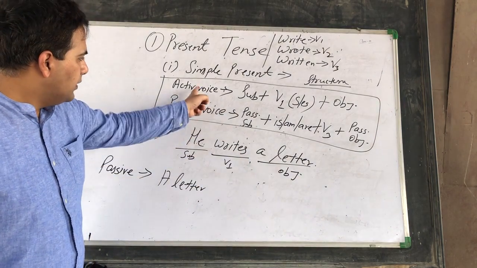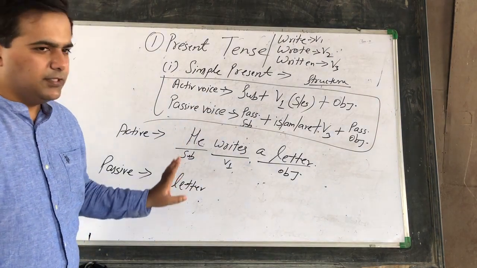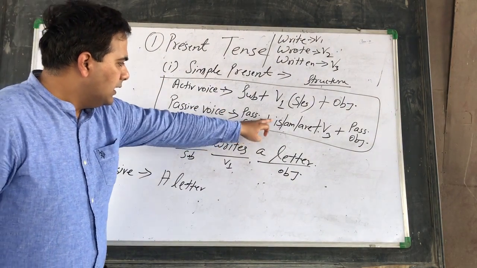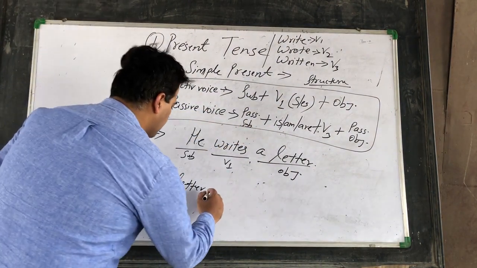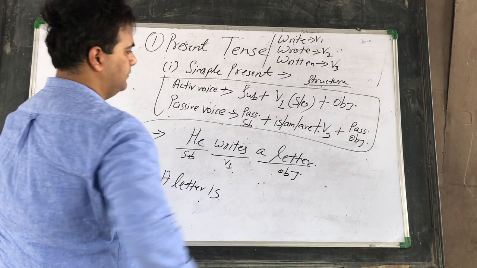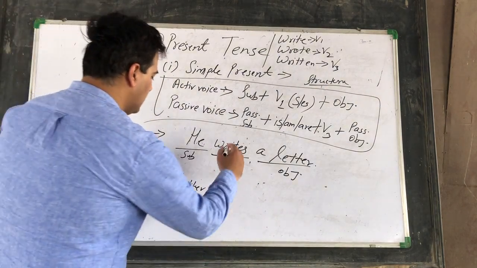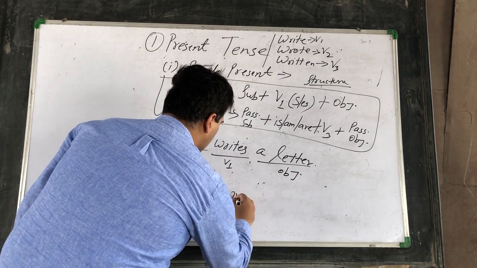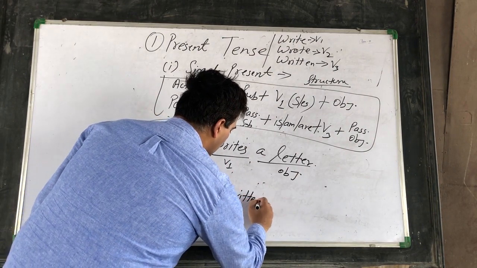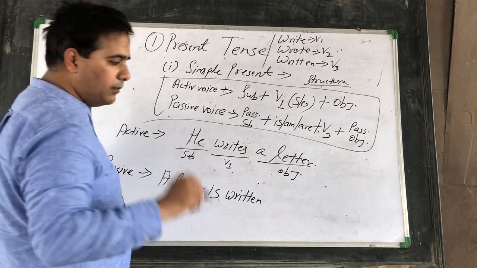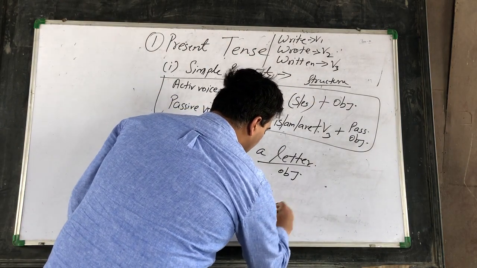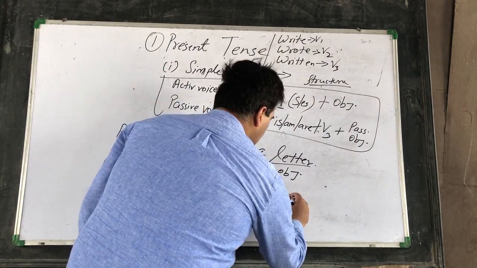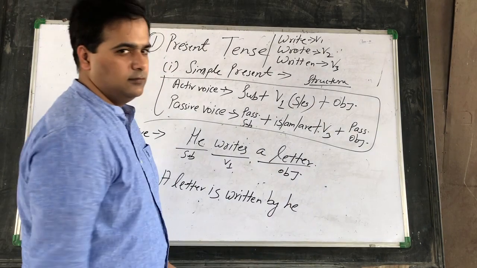Here it is simple present tense, singular subject, so we will pick the helping verb is. Change the main verb into third form, written. Preposition by will be added. By. He.